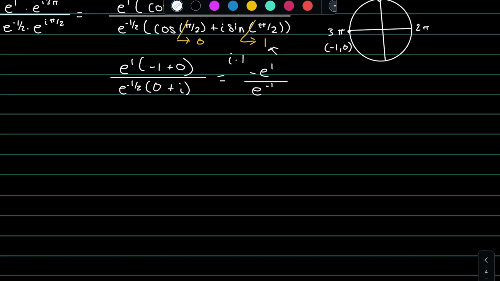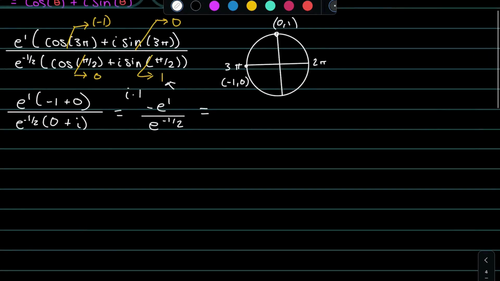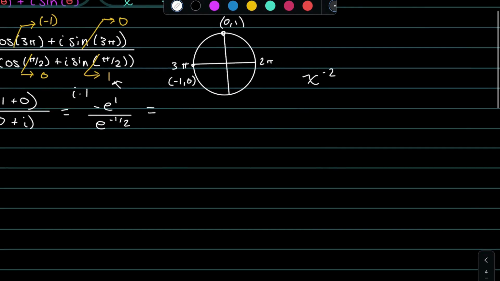We can also bring this negative exponent up to the top, because when you have a negative exponent, say we have x to the negative 1/2, we can rewrite this as 1 over x to the 1/2.